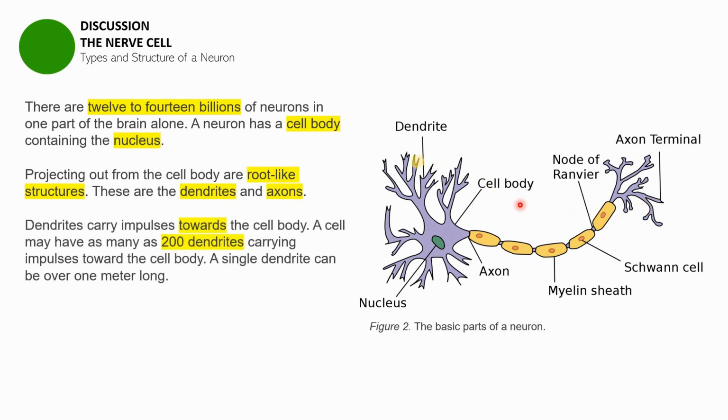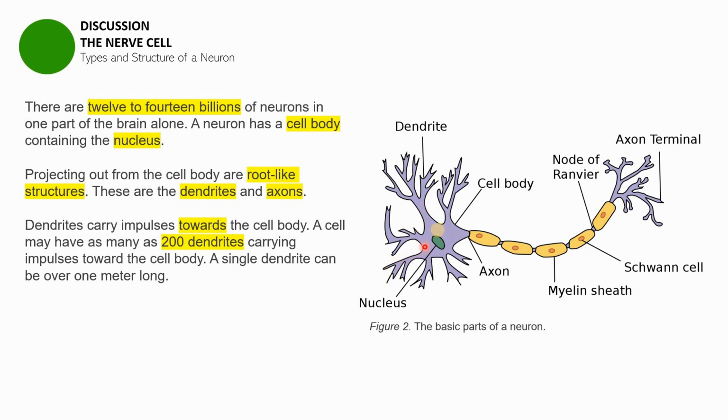Ang mga dendrites, their action is they carry impulses towards the cell body. So they carry the signals from this area towards the cell body. So papasok ng cell body.